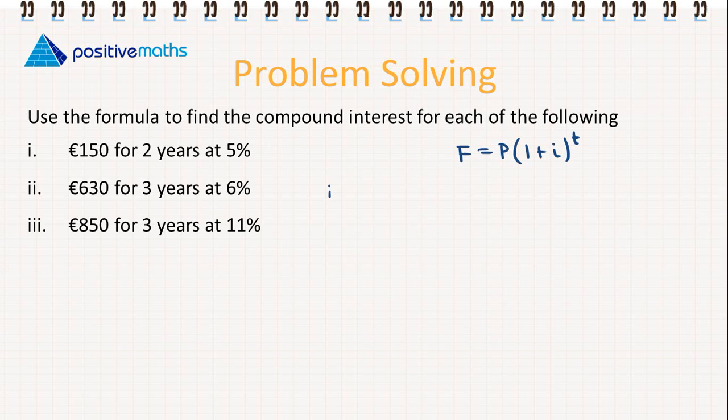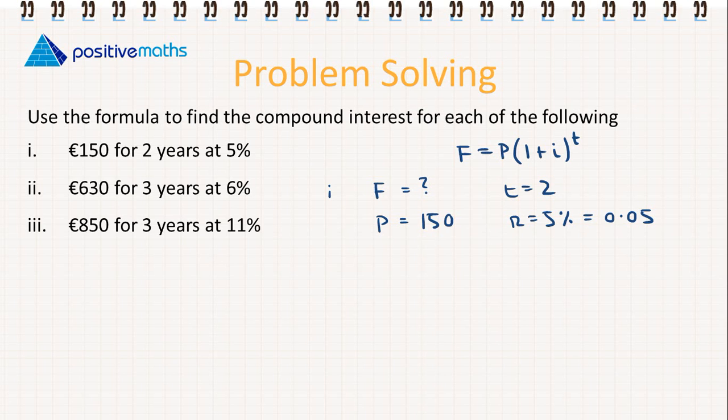So for part 1, F is what we're looking for. P is the principal amount, so that's 150. T is equal to 2 years. Our rate is equal to 5%. Now, for this problem, we need to change that into decimal form. So that's 0.05.